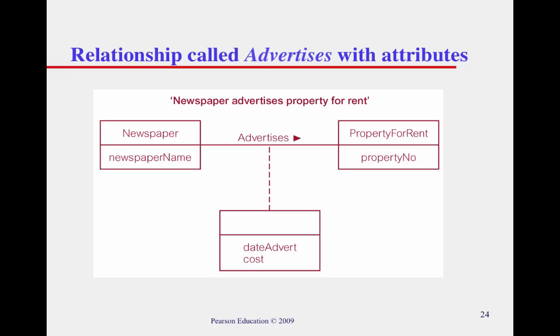The booking relationship I showed you earlier, the 3-way, the guest books a hotel room, that relationship would have attributes, a date from and a date to. Okay, that's an example of another relationship that has attributes.